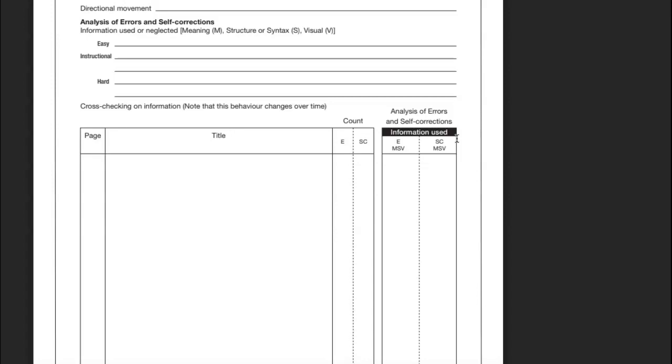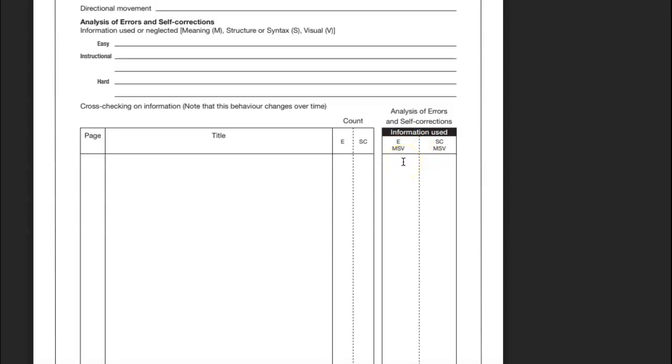If the child used structure, you ask, now, does this error sound right? Does it sound like we speak in English? If so, circle the S. The V is, does the error look visually similar to the text? The visual cue has nothing to do with the picture.